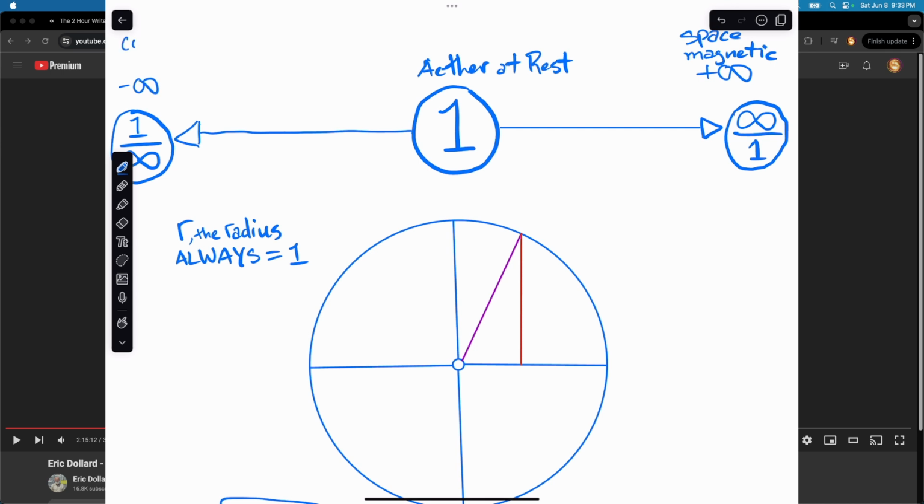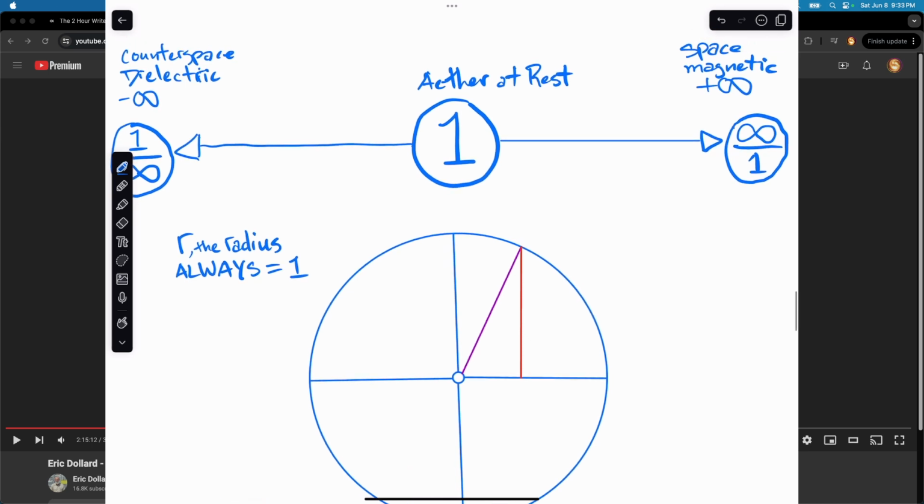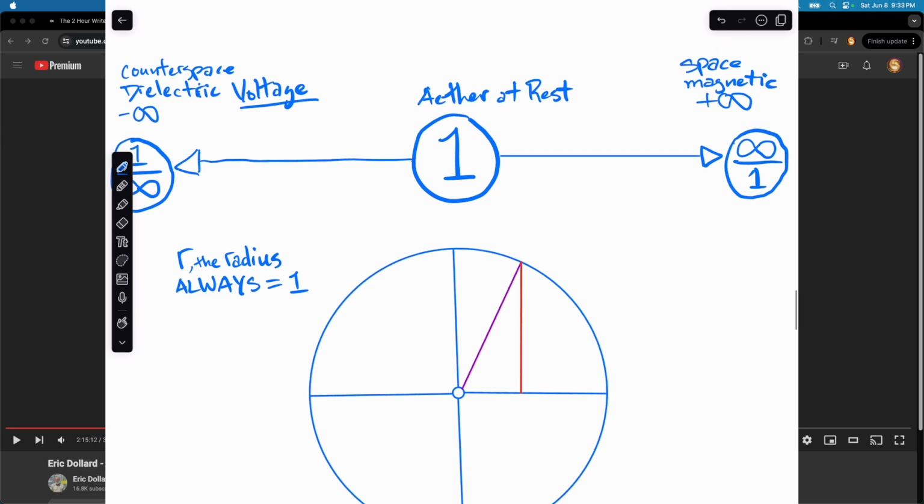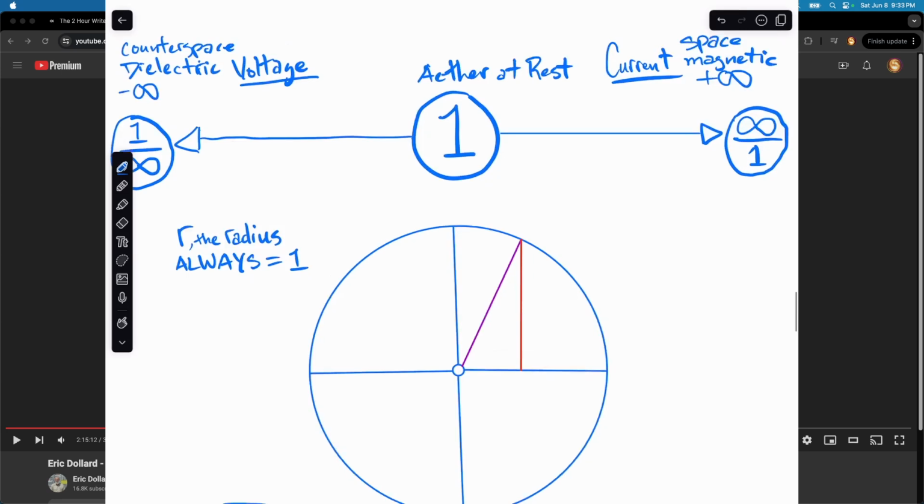And this represents counter space and the dielectric at its greatest value. So this is going to be, I would think, to add an additional aspect, the greatest voltage when it's at the highest level of dielectric amplitude. And then on the opposite side, this would be the greatest current, possibly. These are just guesses at this point.